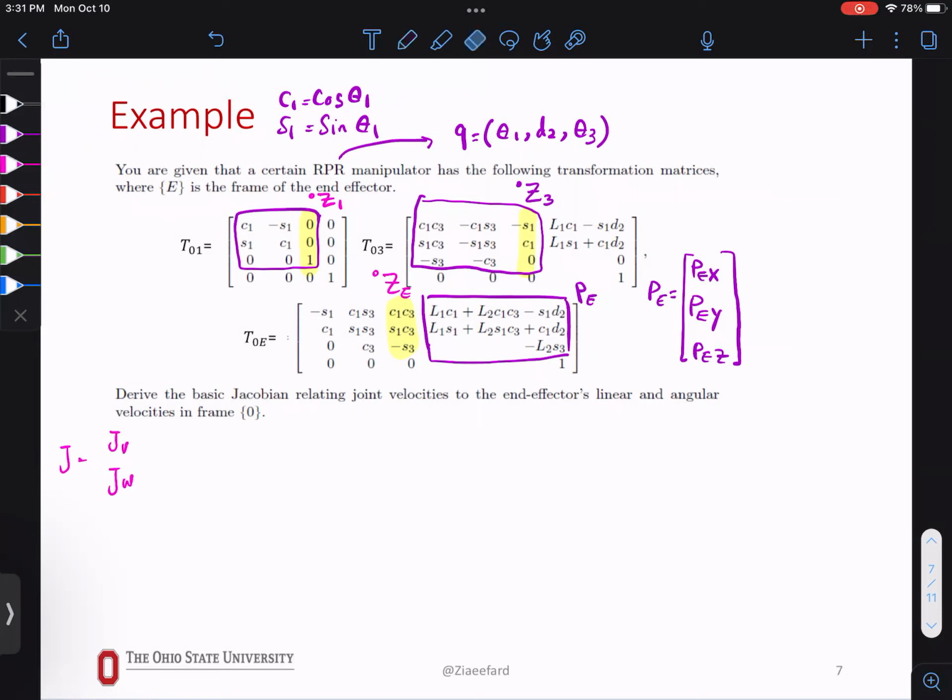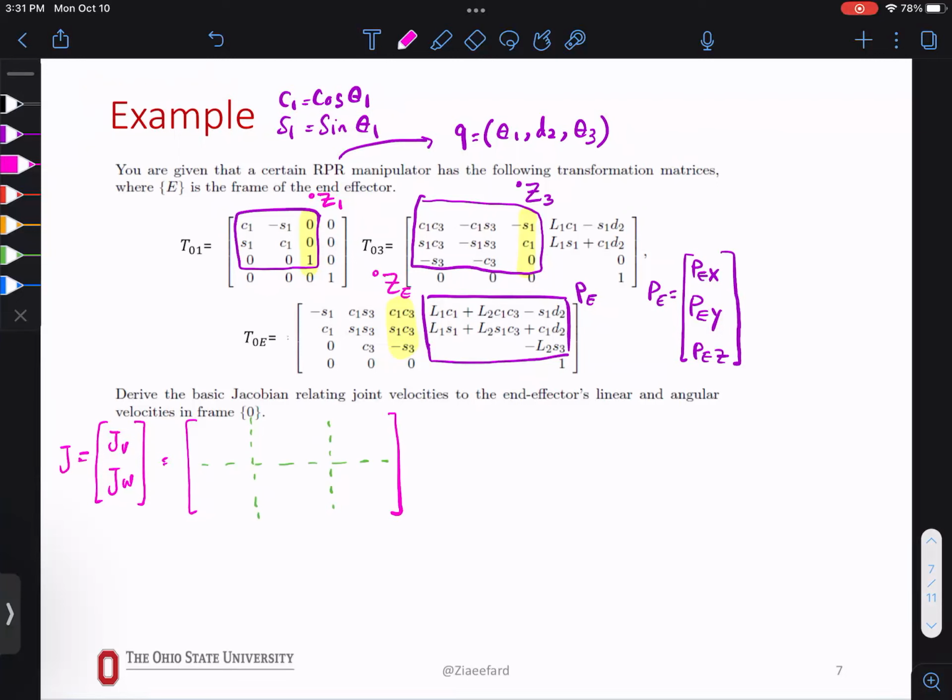I'm going to write it as brackets so you know this is the matrix. I'm going to divide it in 2 parts, because I have linear velocity and angular velocity.